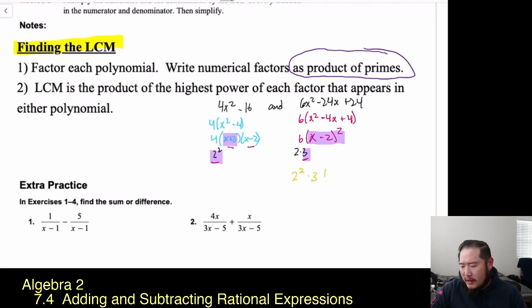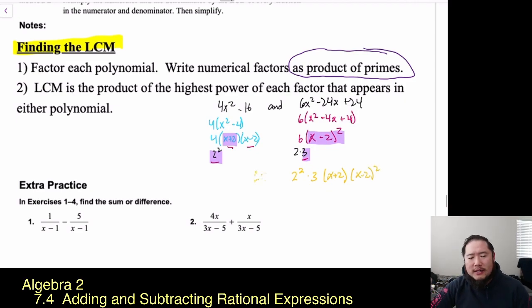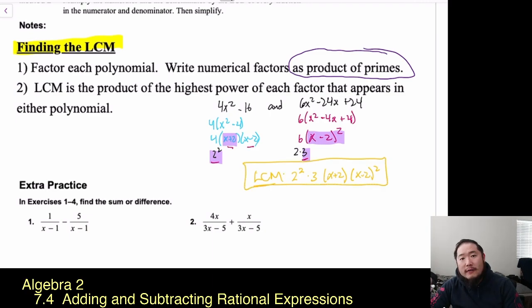And all of this right here will represent our LCM. So you want to try to break it down as much as possible using the product of primes. All right, we'll eventually come back to some more of this, and let's take a look now at finding the sum and difference.